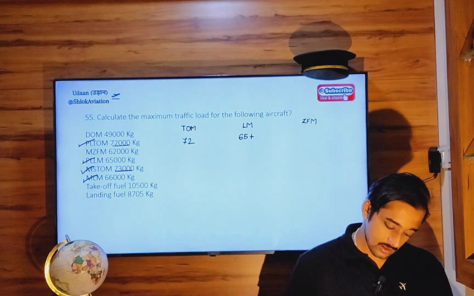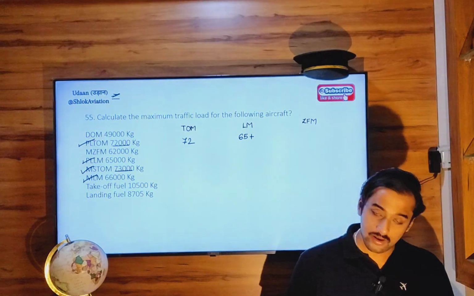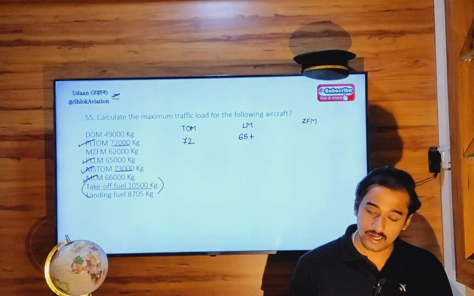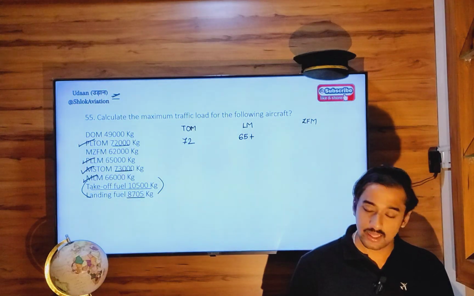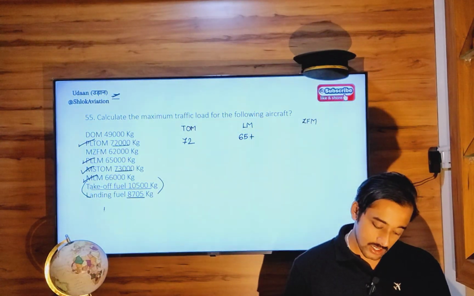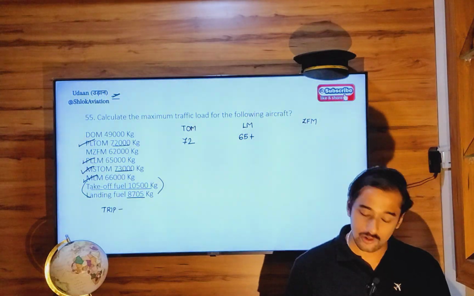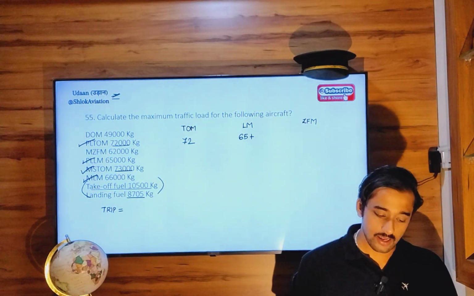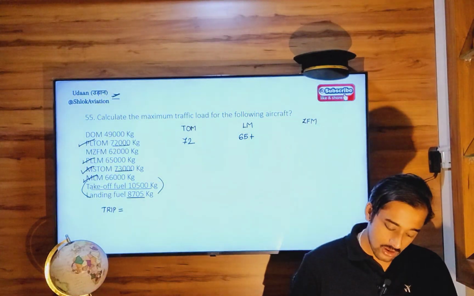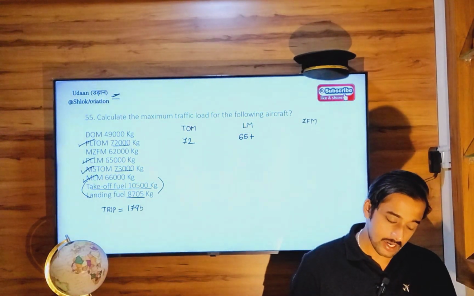Add trip fuel. Now trip fuel is not given to you directly, but we have takeoff fuel 10,500. At the time of landing, the fuel in the tanks is 8,705 kg. So the difference between them will be the trip fuel, right? So 10,500 minus 8,705 will be 1,795.